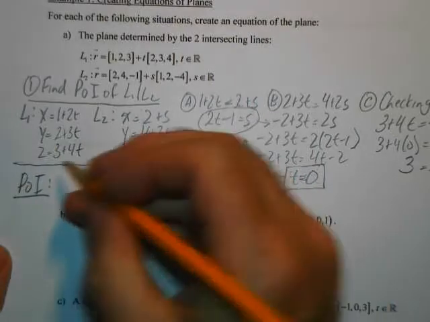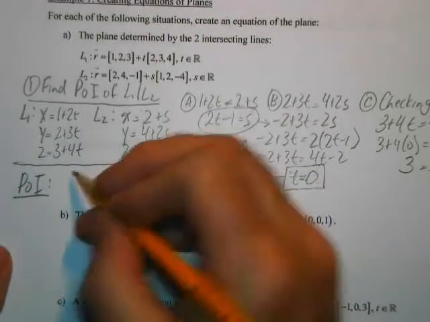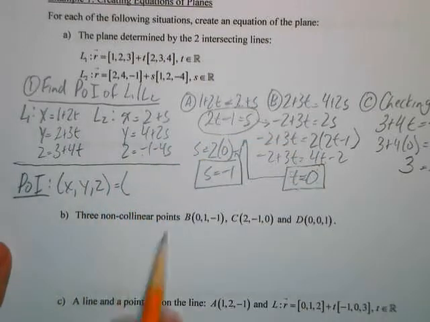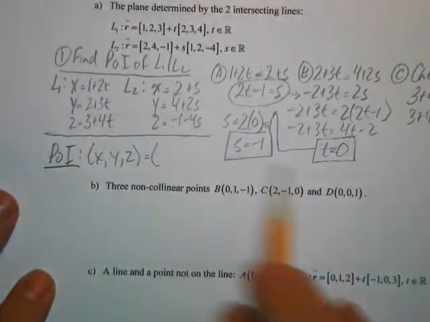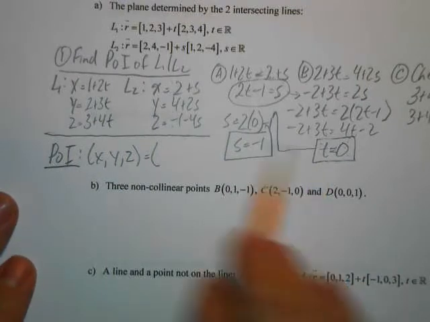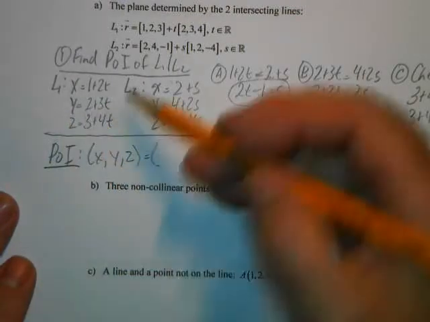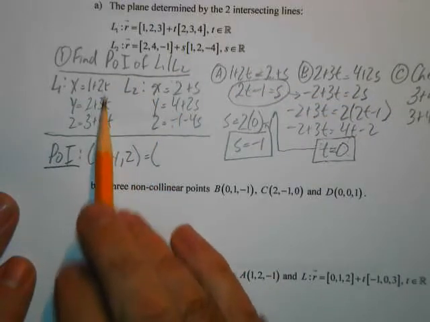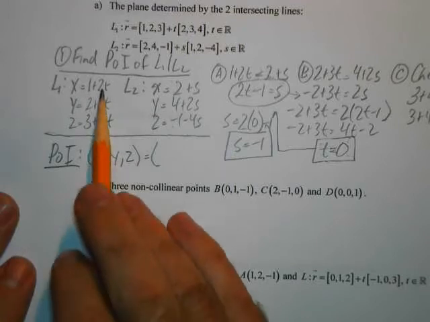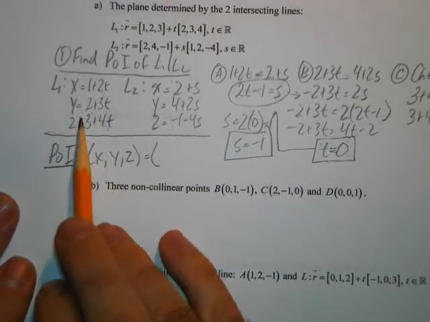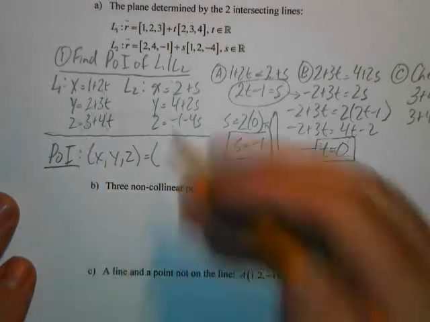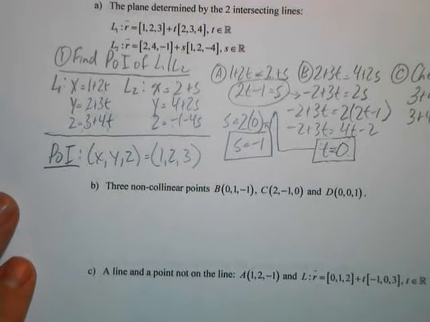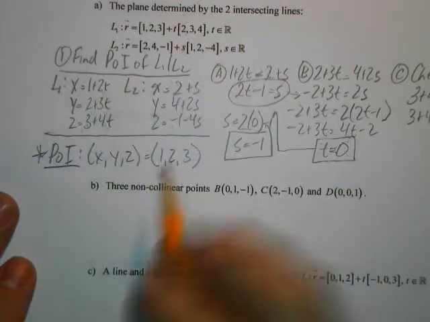So for example, I could say x, y, z is equal to, if I use my t equals 0, I can very easily find this, right? Because all of these terms with t turn into 0 because t is 0. So I know my x, y, z values will be 1, 2, 3 in that order. So that is my point of intersection. Okay, now that was a lot of work to find it.